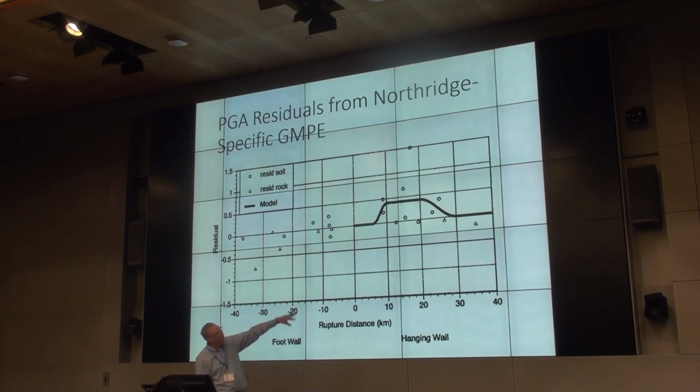And on the right-hand side, they tend to be positive, right? But there's not a whole lot there. There's a lot of scatter. We went ahead and said we can draw a line through those points, okay? So we did that. That corresponds to about a 50% increase in the ground motion when you're over the hanging wall side. This was all there was to work with at the time.